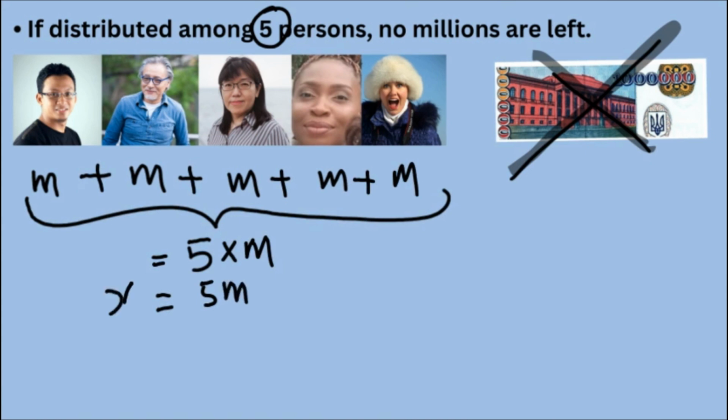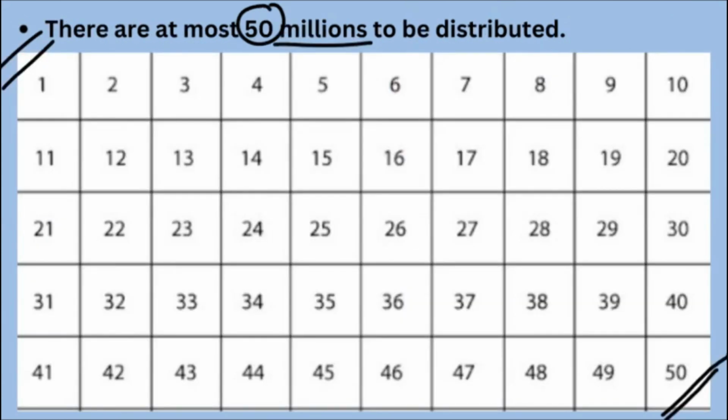So x, the required number, is in the form of 5M. What are the multiples of 5 you see in the table? Otherwise, what are the numbers that are divisible by 5?